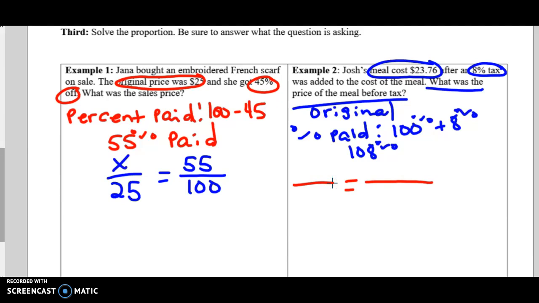I'm going to put 108% over 100%. Then 23.76 represents the new cost. It's not the original, so I'm going to put 23.76 in the numerator and x in the denominator. Then I just need to solve my proportion, and when I do, I'll know the original cost of the meal. Example 3.